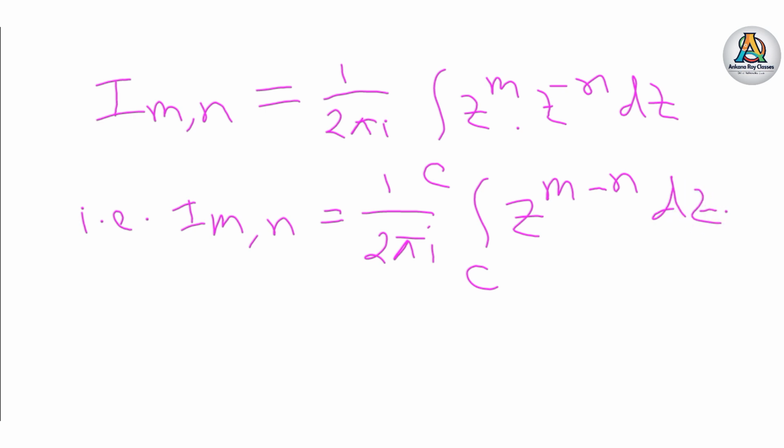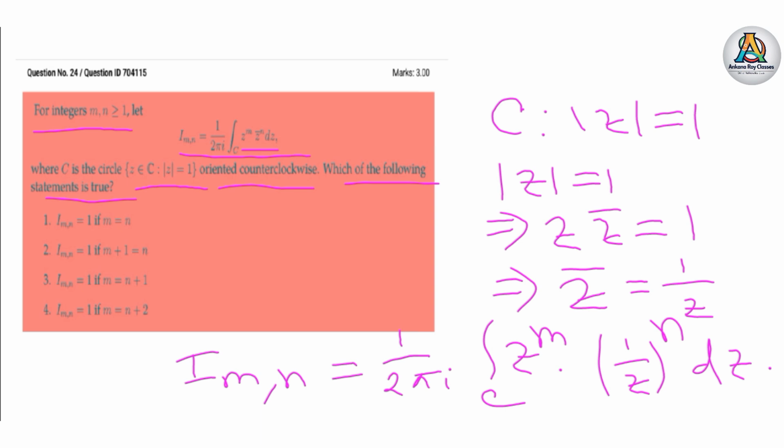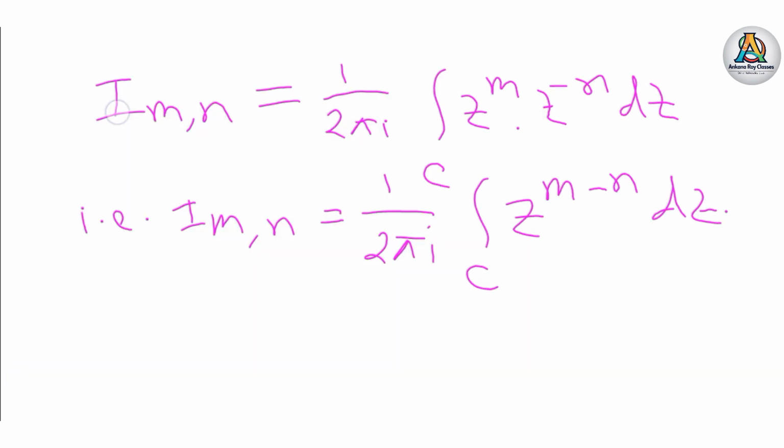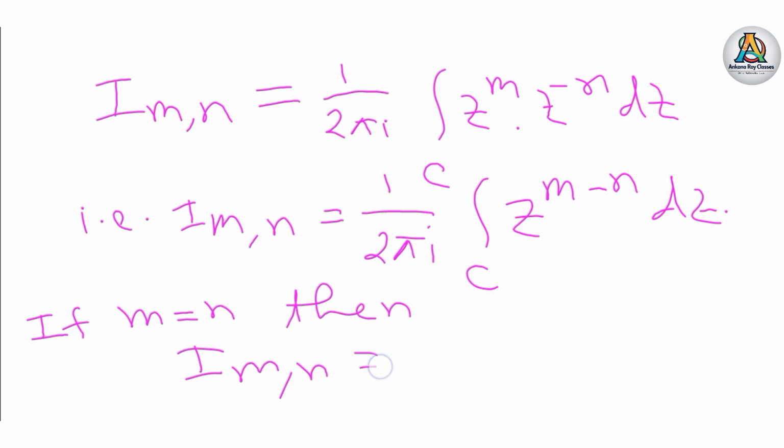Now first we verify option 1. So first we consider the case when m is equal to n. If m is equal to n, then I_mn is equal to 1 by 2 pi i integration over C z to the power m minus n dz.